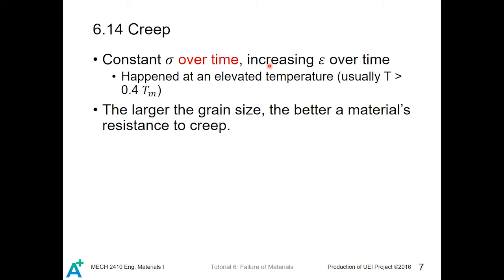In modern designs of those turbines, we use single crystal turbines. That is basically an application of this principle: the larger the grain size, the better the material's resistance to creep.